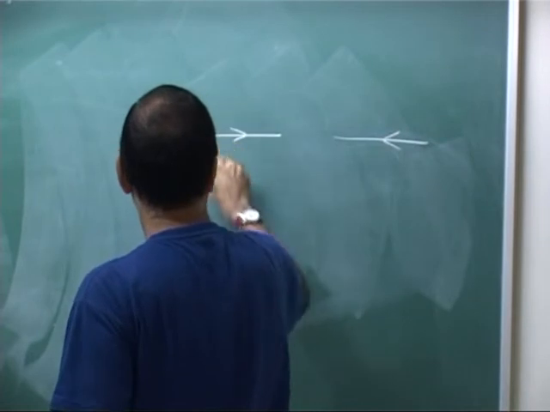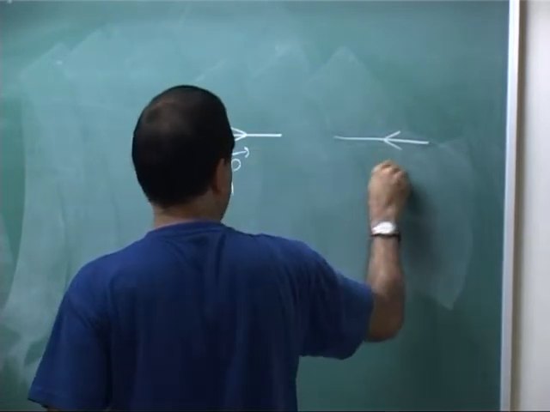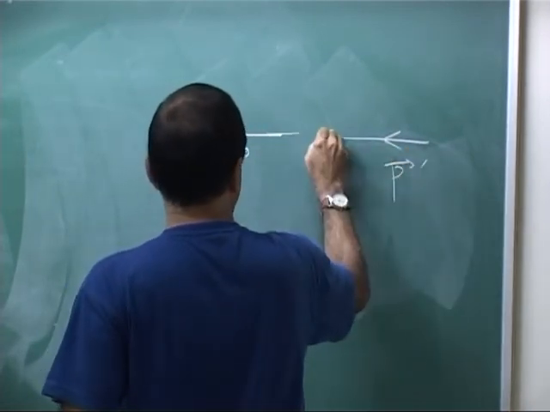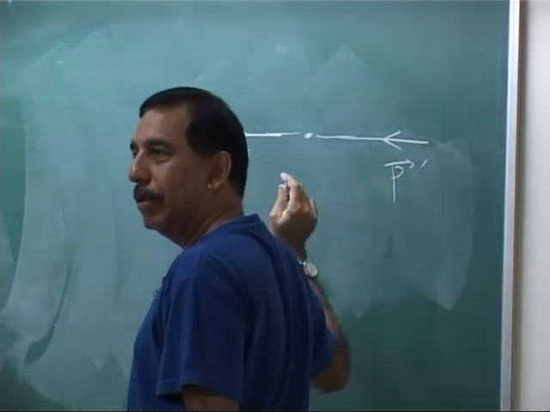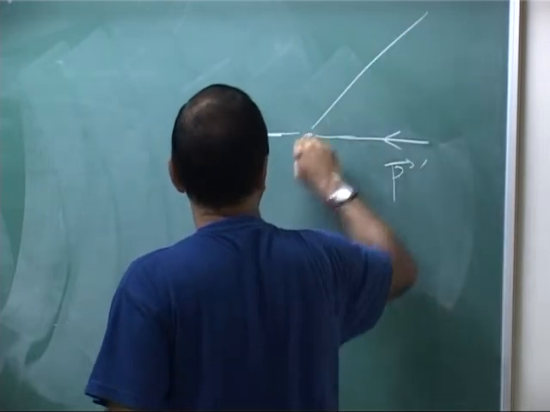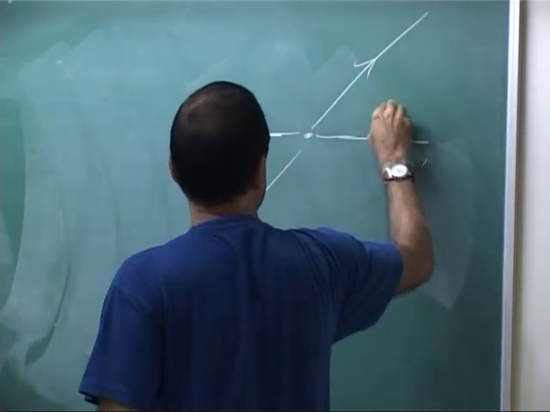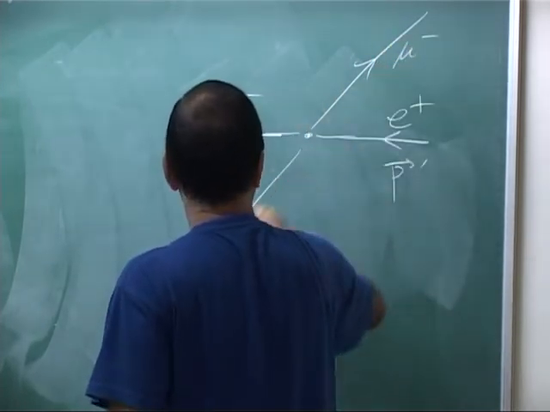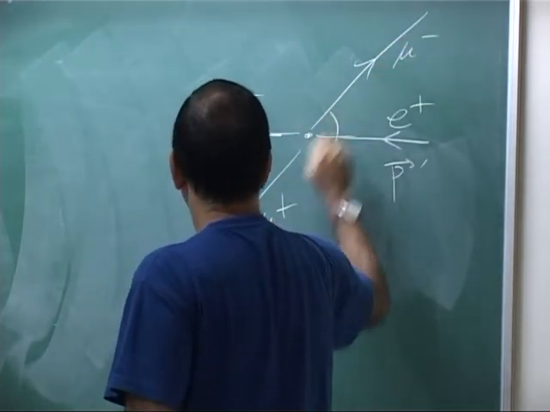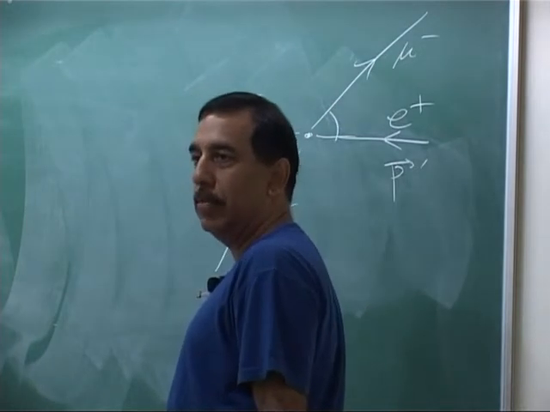So this is P prime, which is minus P. They come along the Z axis. By convention, we can choose that. Okay, but then when they scatter, so this is the positron and the electron, they scatter into a mu minus and mu plus, and this angle is up to the particle to decide.